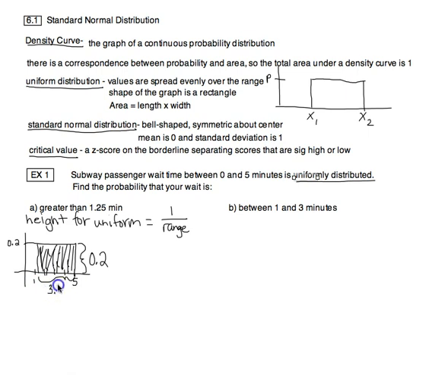So I've got 3.75 as my length. I've got 0.2 as my height. That means that probability of x greater than 1.25 is going to be equal to the area, which is 3.75, times 0.2, which gives me 0.75.